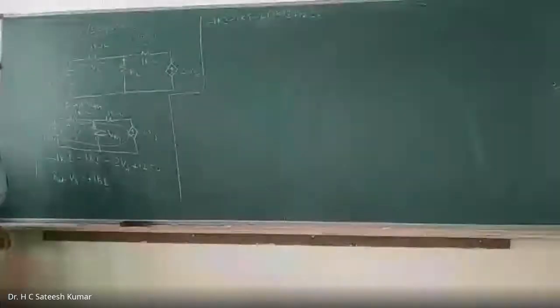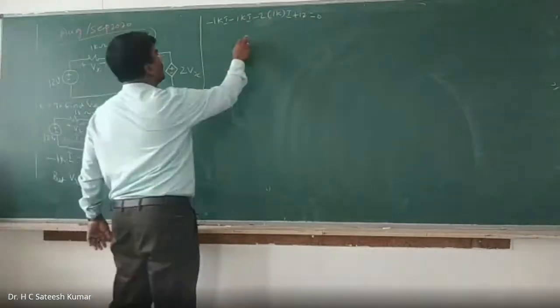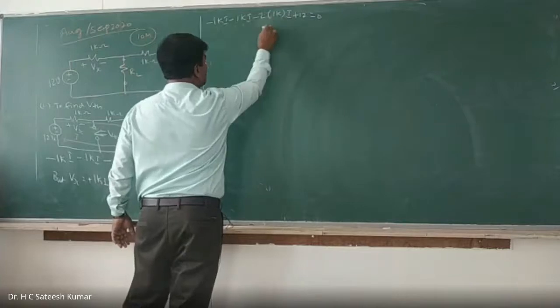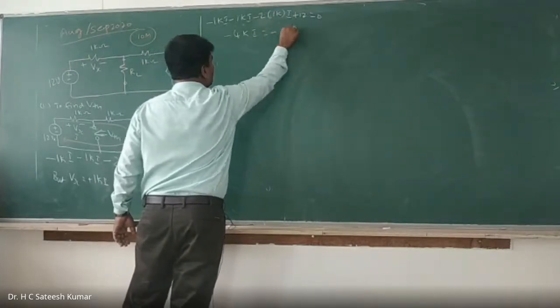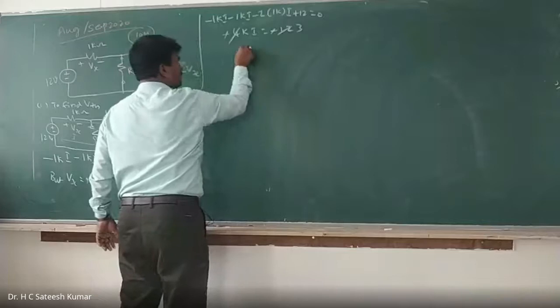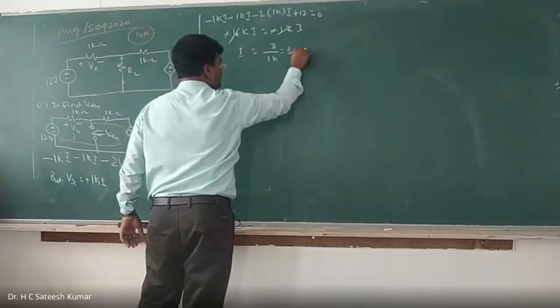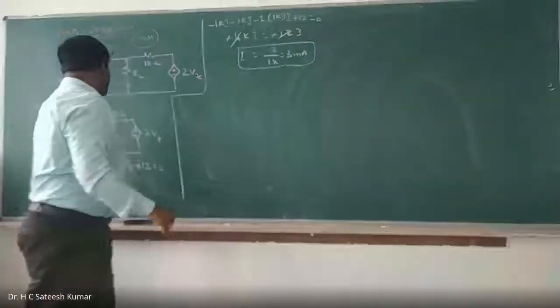So therefore, you can write minus 4K. Minus 1K, minus 1K, minus 2K. Minus 4K into I is equal to minus 12. Correct, madam? Okay, right. So this is 3 times. Therefore, I is equal to 3 divided by 1K, which is equal to 3 milliamps. Correct, madam? I is equal to 3 milliamps, we get it.